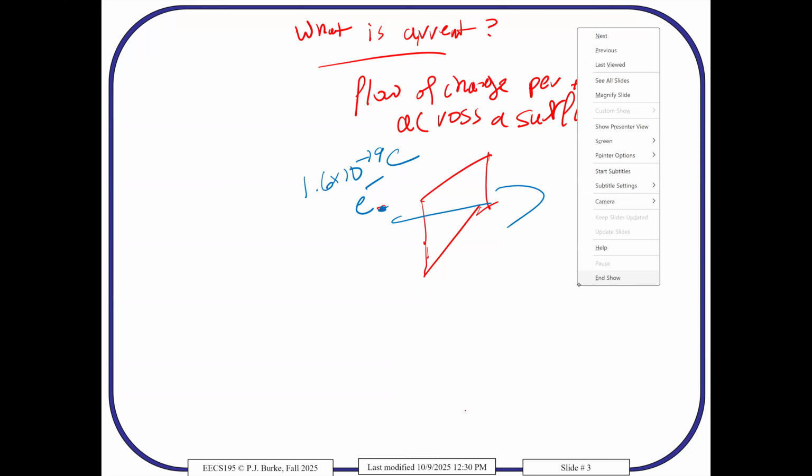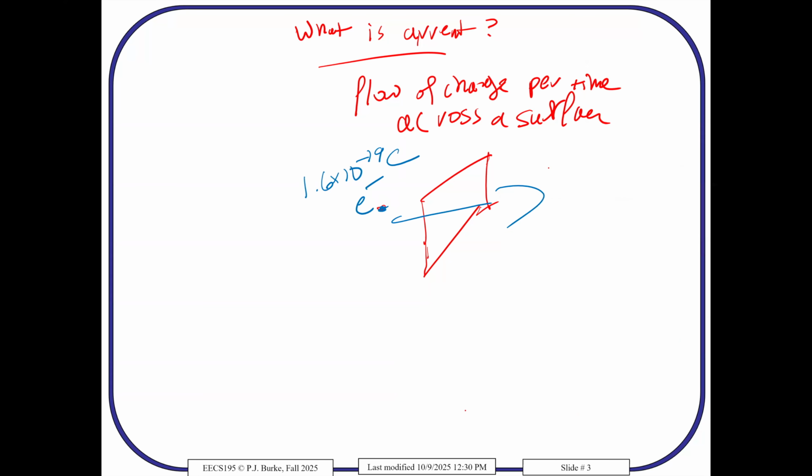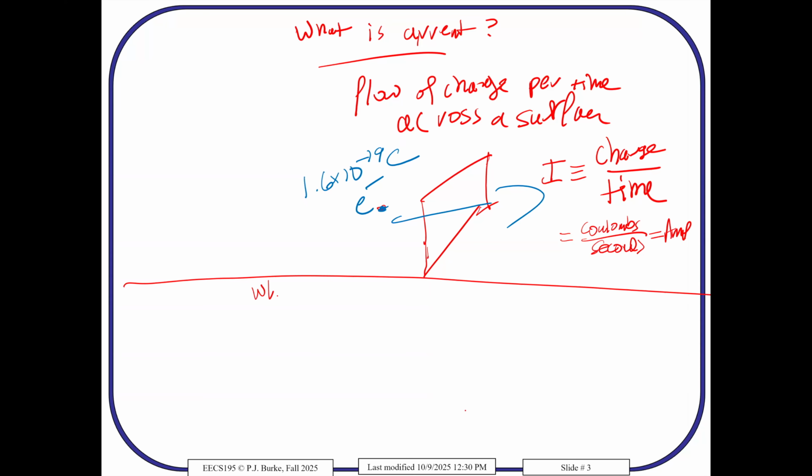So current is defined as charge per time that crosses the boundary. Each electron has 1.6 times 10 to the minus 19th coulombs, so you add up the total number of electrons per time, and that gives you the current. So it's a physical flow of electrons. Usually metals have free electrons in them that can move around. So charge is in coulombs, time is in seconds, and that has the units of amps.